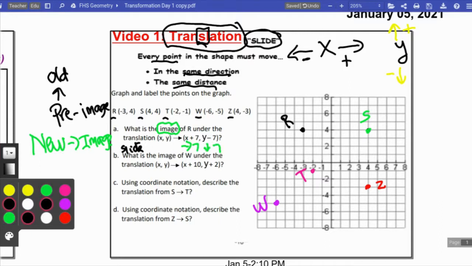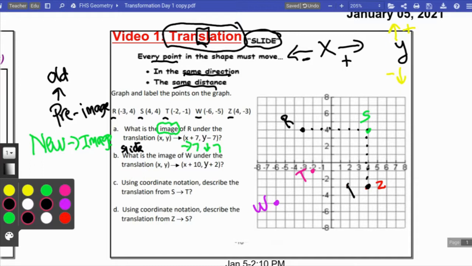All right, let's do this thing. Let's move R. Right 7. 1, 2, 3, 4, 5, 6, 7. All right, so that was right 7. Now down 7. 1, 2, 3, 4, 5, 6, 7. Hey, it falls in the Z position, which is fine. So you write it this way.